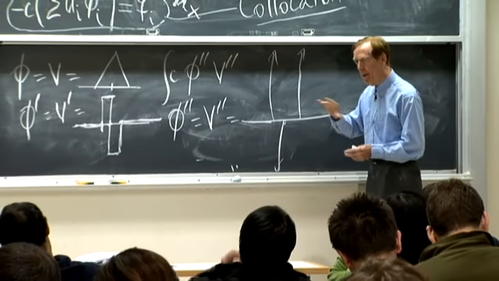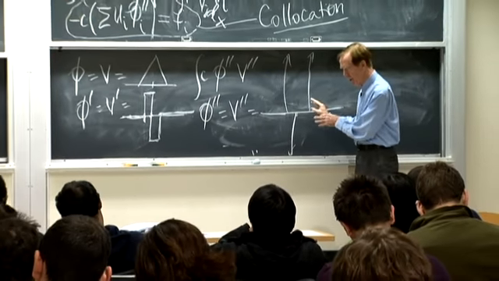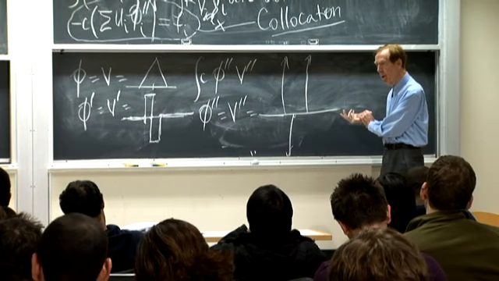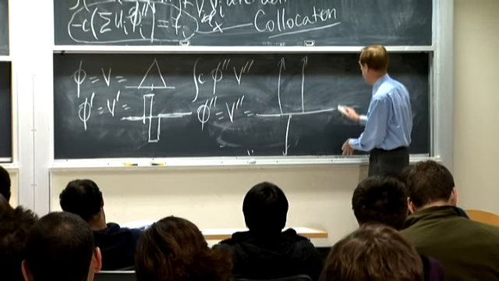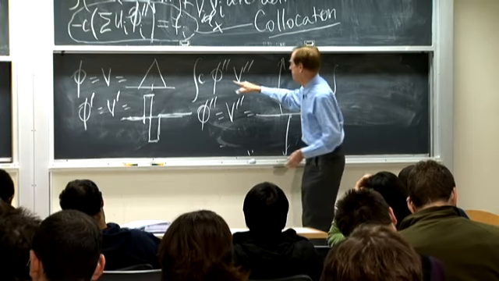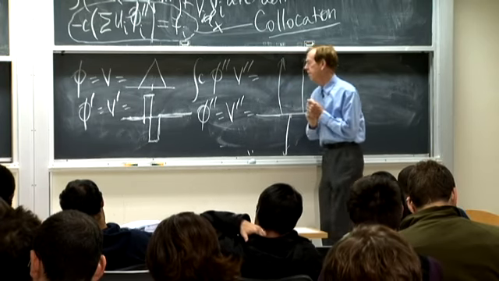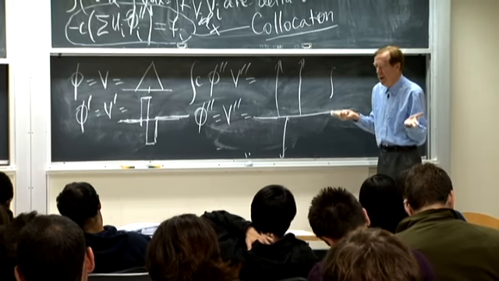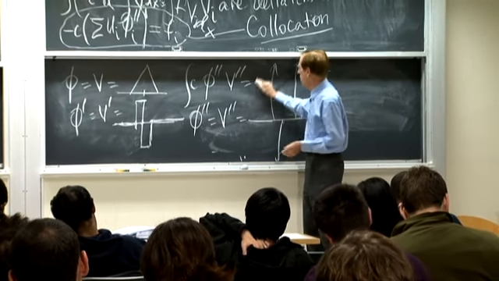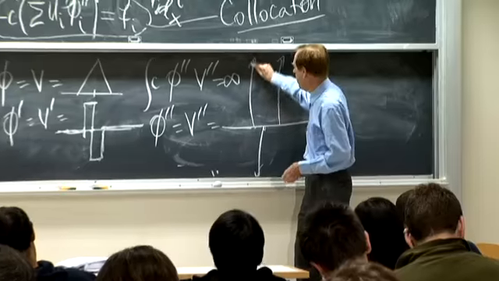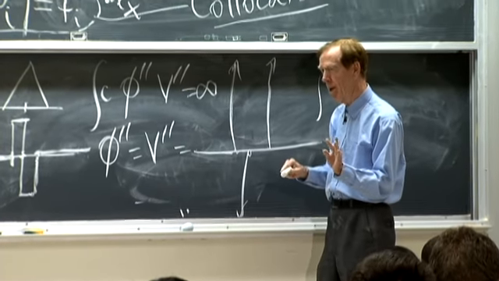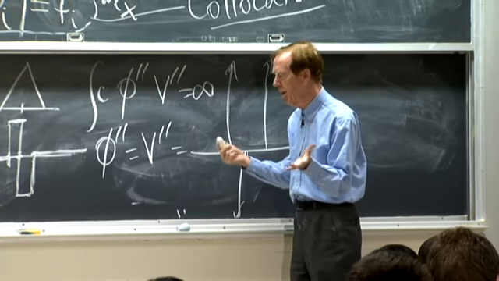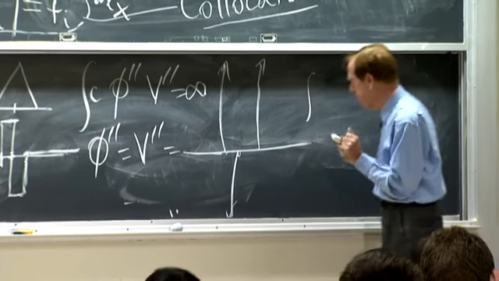Okay, I can integrate spikes times nice functions. What I can't integrate is a spike times a spike. The answer for this integral is what? It's infinite. The integral is no good. If I have a spike times a spike, you see that's more than delta functions.